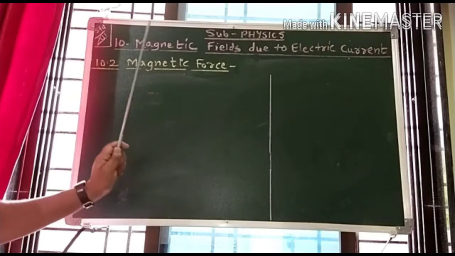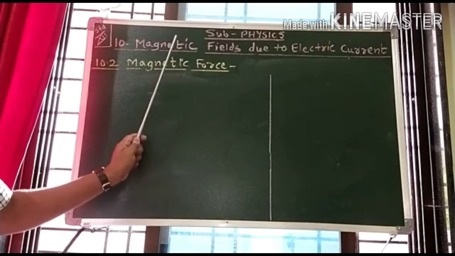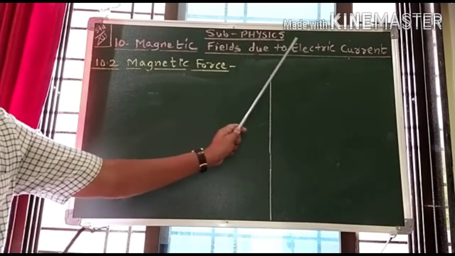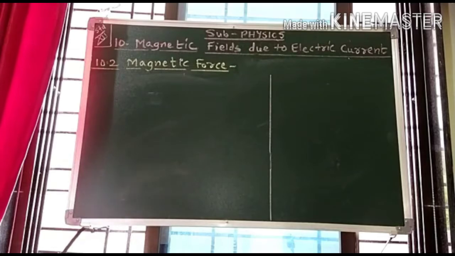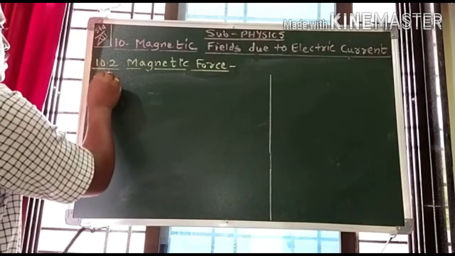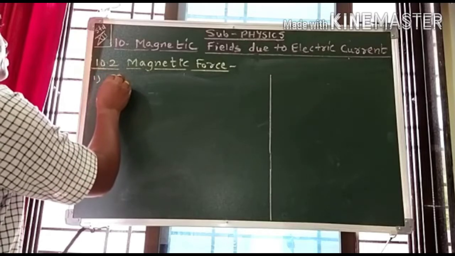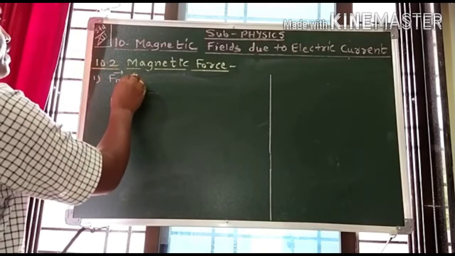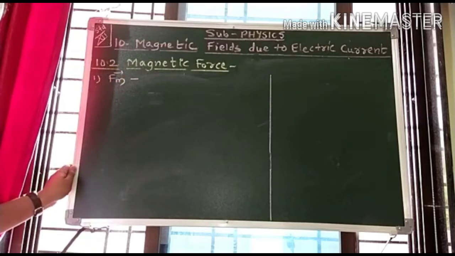Magnetic force. In this article we discuss the forces exerted by magnetic field and electric field on a moving charge Q. First we consider only the magnetic force, vector Fm, acting on the charge.